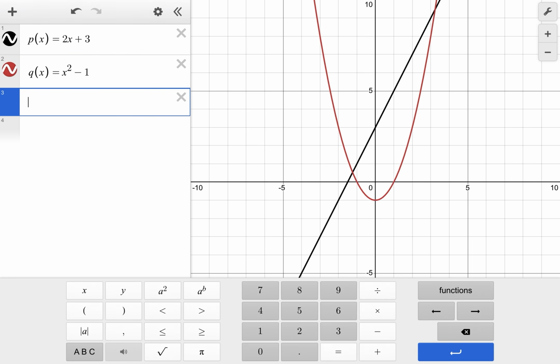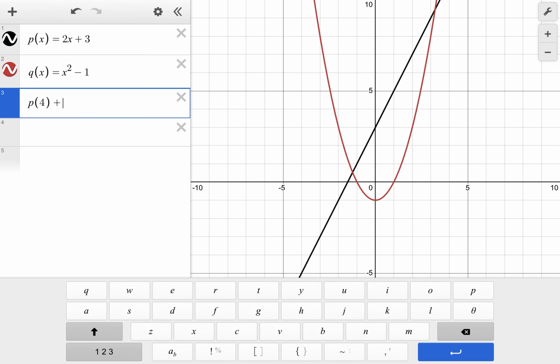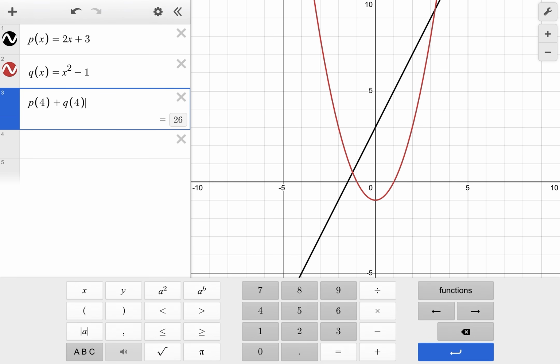Now, let's say you're trying to find the value of p of 4 plus q of 4. Without having to do it manually, which you could, I can easily see myself doing this mentally, all you've got to do is type it in. You say p of 4 as the first part, and then plus q of 4. And look, it gives you 26. That's exactly what the answer is.